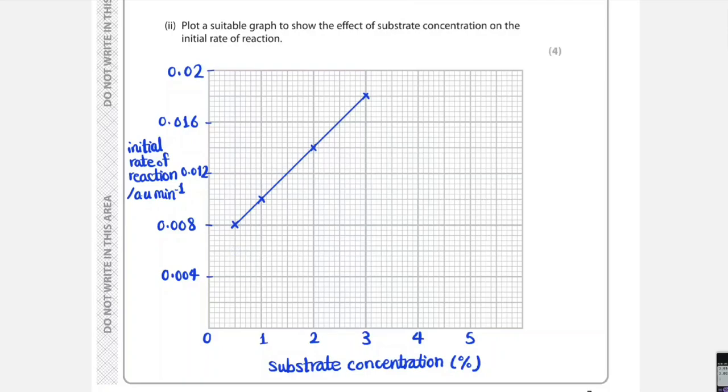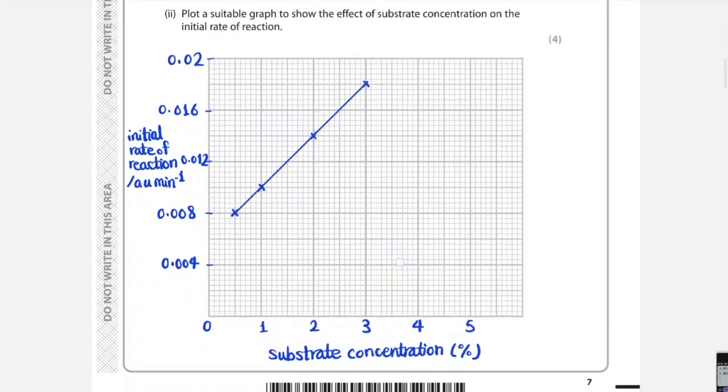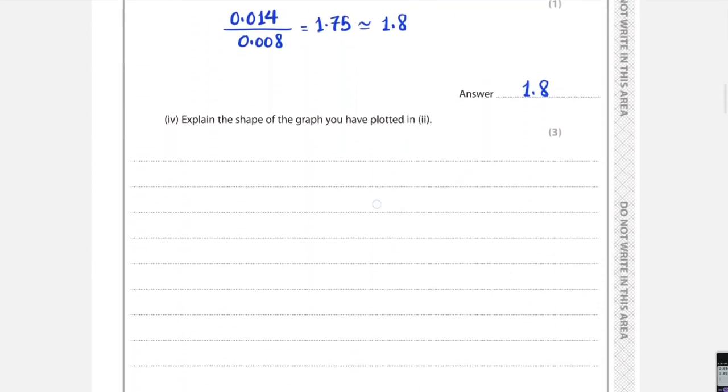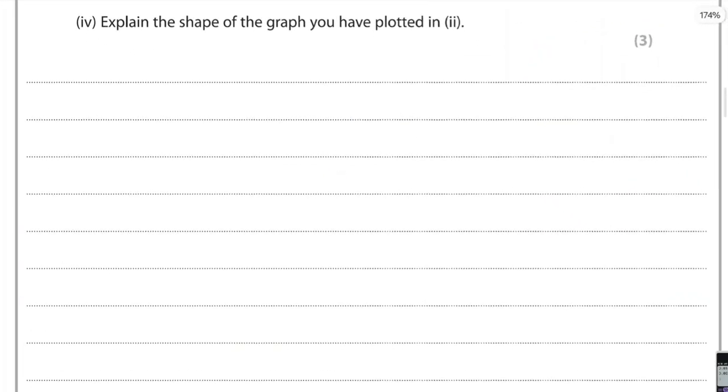And we have to say that it does not level off here. There is no leveling off because the enzyme concentration does not become limiting. It's not limiting yet. So the active sites of the enzyme are not all occupied at the highest substrate concentration. We can write this here in the way that you like, but it has to include the keywords.